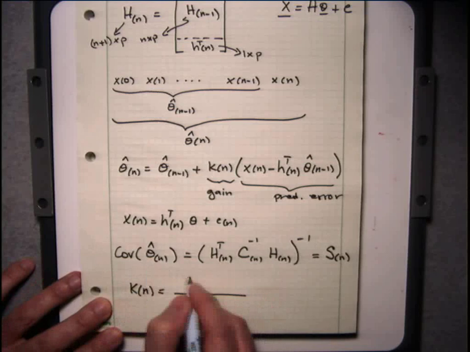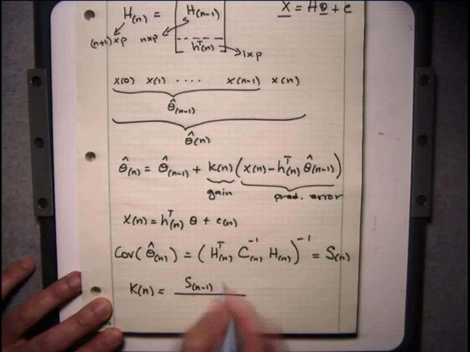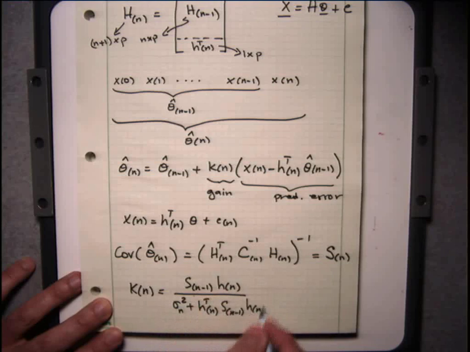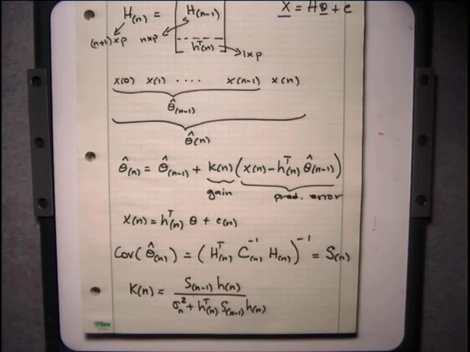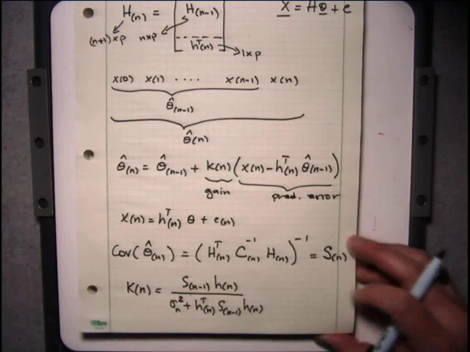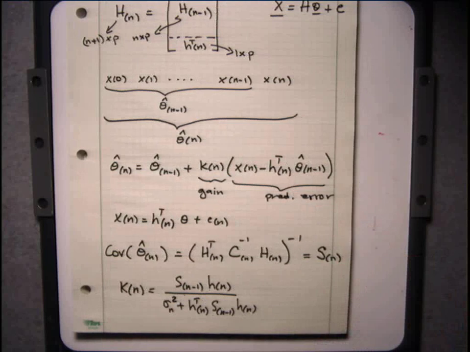Kn is S n minus 1 hn over sigma n squared plus h transpose n Sn minus 1 hn. Now I haven't done a derivation for this, but let me give you a rough intuition for why this is the gain.